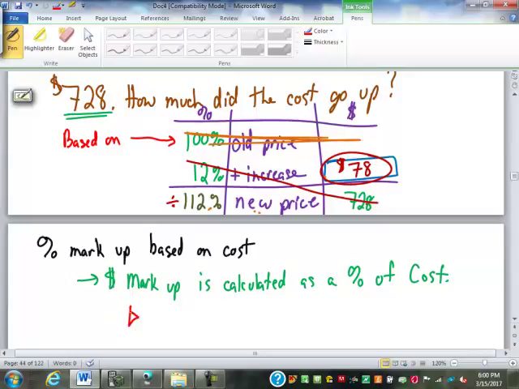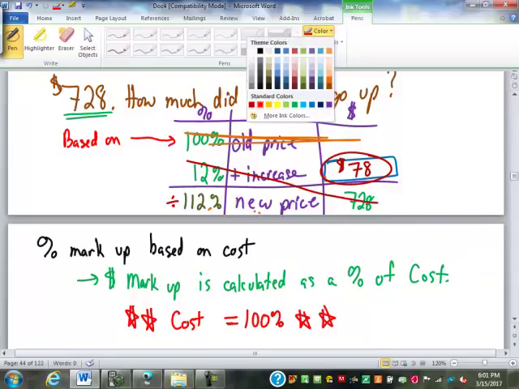What does that mean? The cost is 100%. Which, when we go to set this up, we might look and say, well, that's pretty obvious. The cost will be 100%. What's going to be trickier is the examples where the cost is not the 100%, as we get to those later.